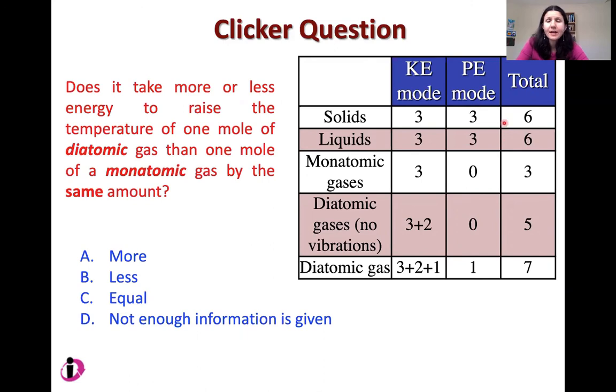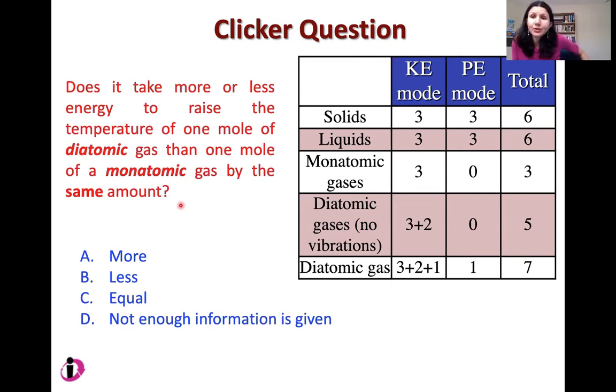Okay, so let's now apply some of these ideas to a couple of questions. Here's a table to remind you about the different mode counts. This first question asks: does it take more or less energy to raise the temperature of 1 mole of a diatomic gas versus a monatomic gas by the same amount? The goal is to raise the temperature of these 2 substances by the same amount.